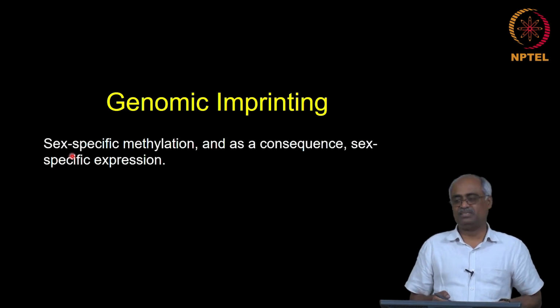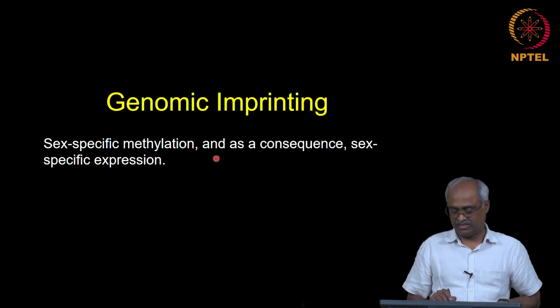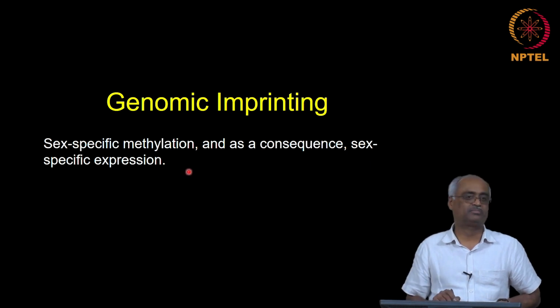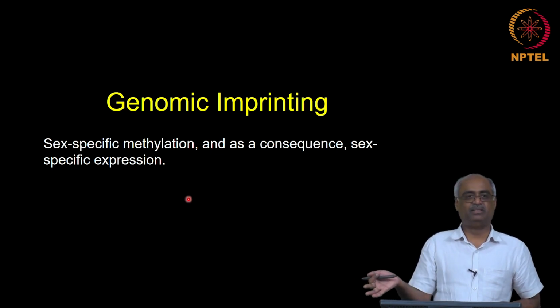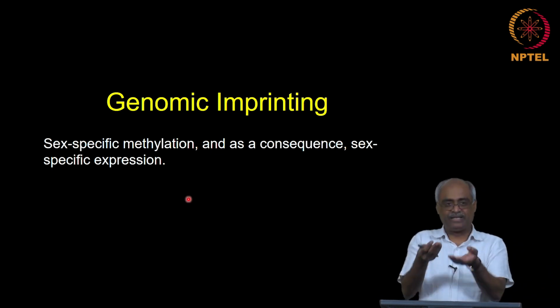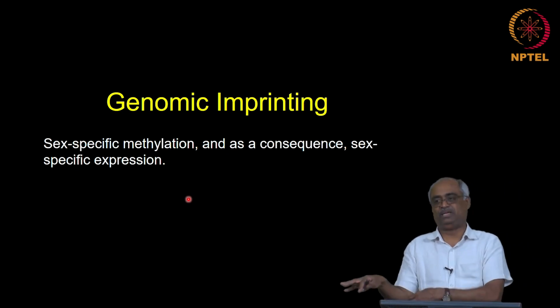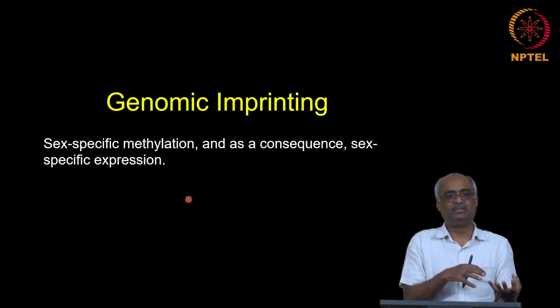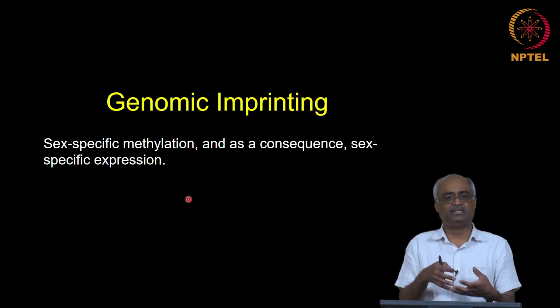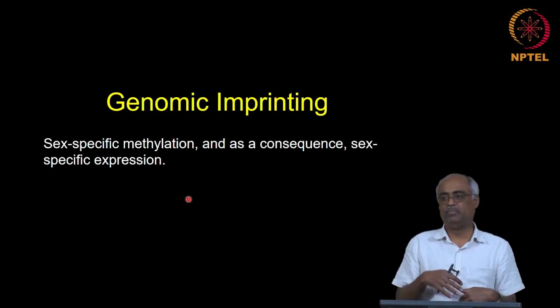So simply, what is genome imprinting? Sex specific methylation, and as a consequence, sex specific expression. If a particular gene is methylated during spermatogenesis, it is not going to be expressed from the paternal allele in the offspring. If it is methylated during oogenesis, that gene is not going to be expressed from the maternal allele.